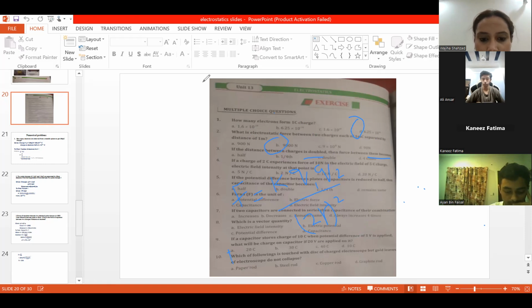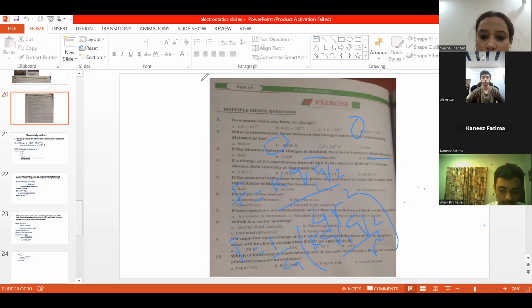F equals K Q1 Q2, and this 2R square will be equal to 4R square, right? So if we separate, F equals 1 by 4, in brackets we can write K Q1 Q2 by R square.